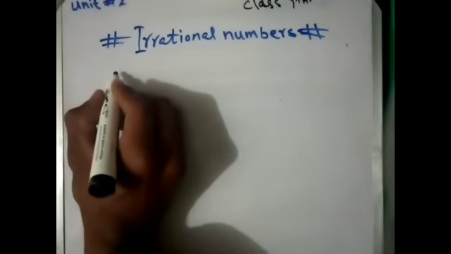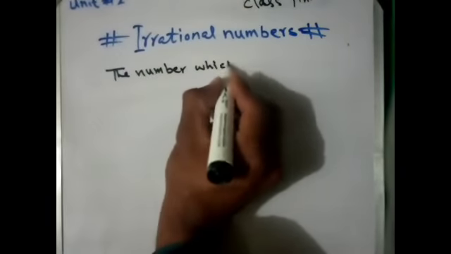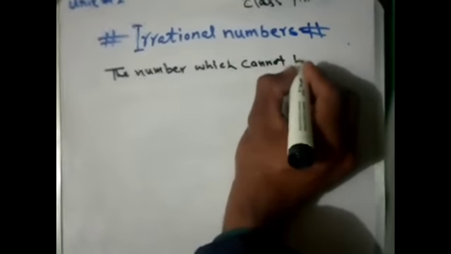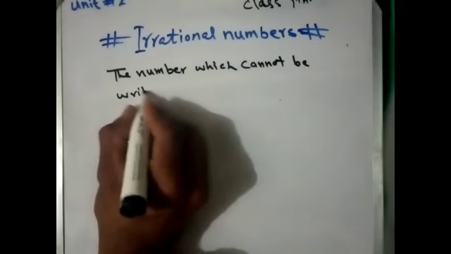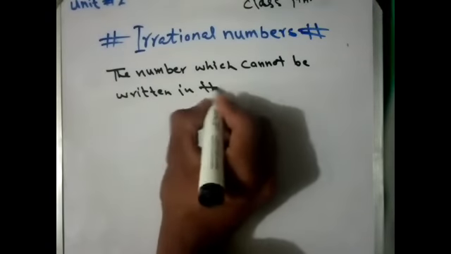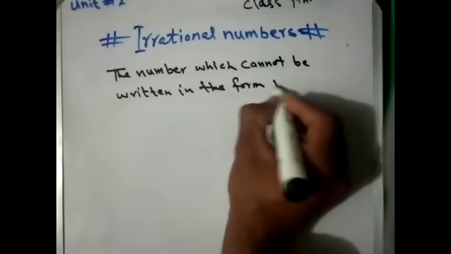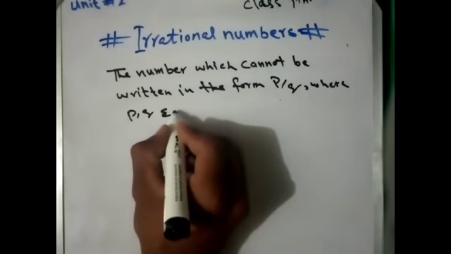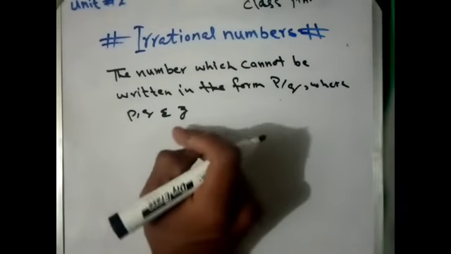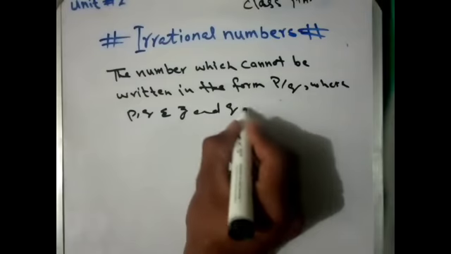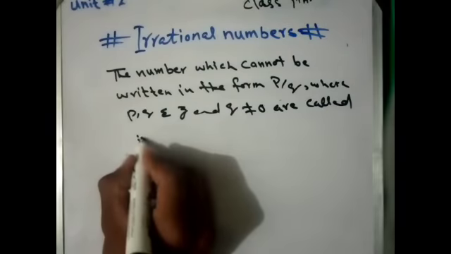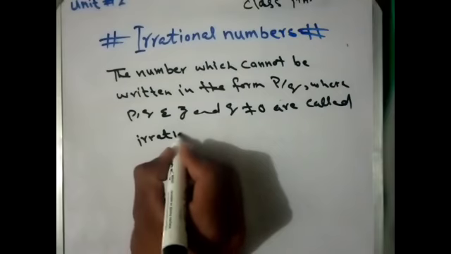The numbers which cannot be written in the form p by q, where p and q belong to Z, real numbers, and q is not equal to 0, are called irrational numbers.